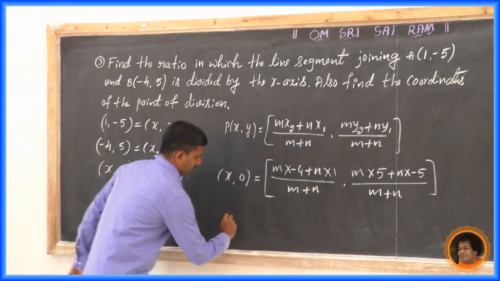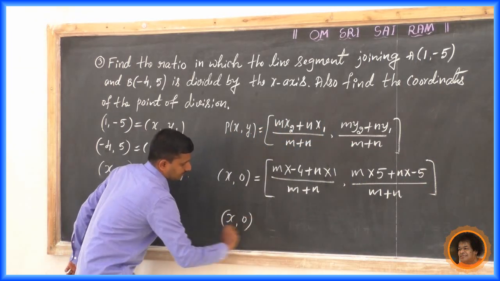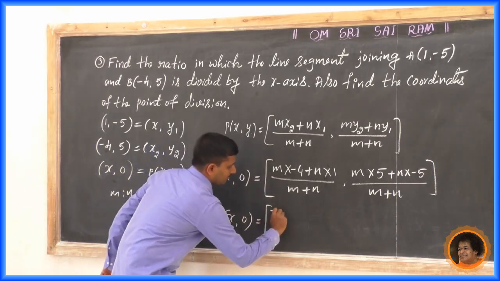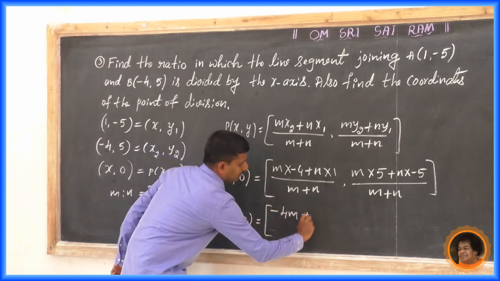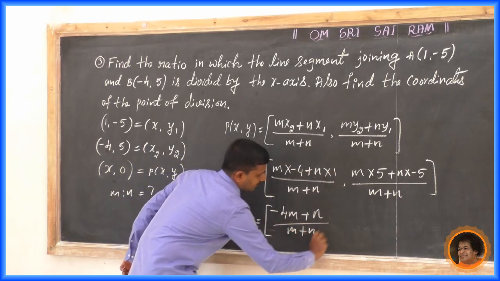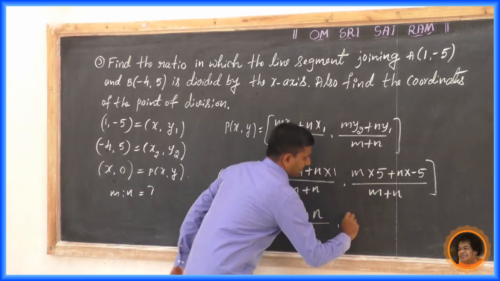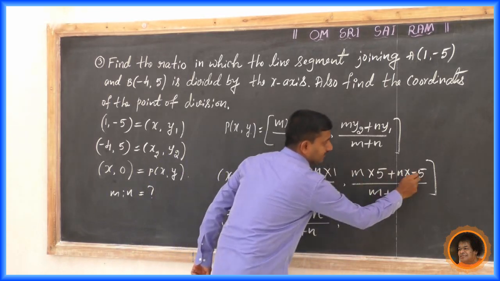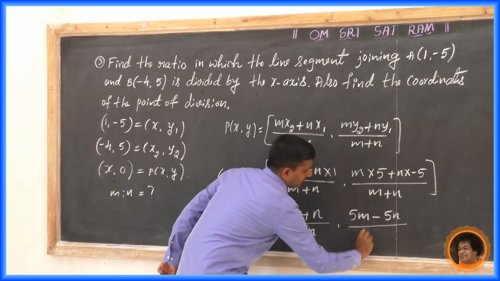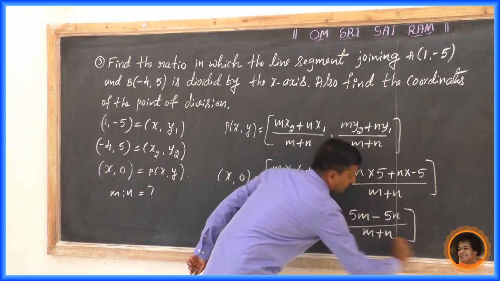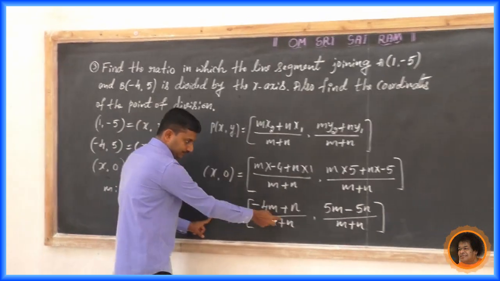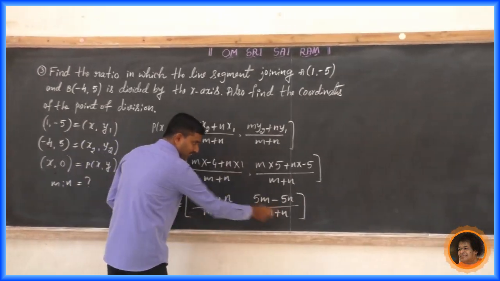Now simplify. x comma 0 equal to minus 4m plus n divided by m plus n, comma 5m minus 5n divided by m plus n. This is the x coordinate, and the next one is the y coordinate.